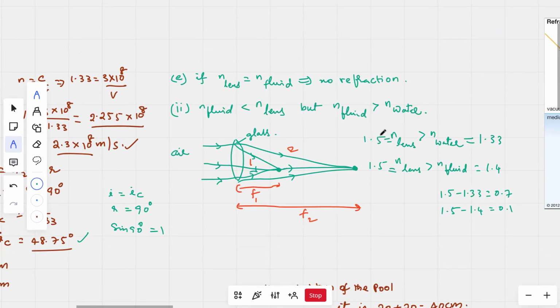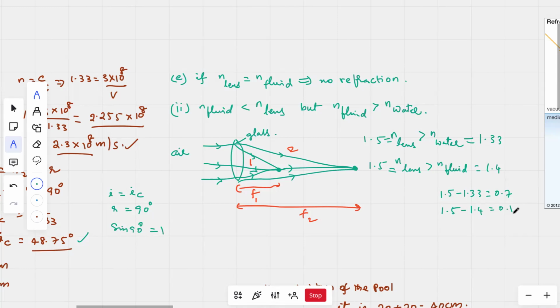To make you understand, I put some numbers. For example, if the refractive index of the material of lens is 1.5 and water he gave as 1.33. Suppose the fluid we take greater than water and less than lens as 1.4, what is the relative refractive index? In the first case it is 0.17 and in the second case it is 0.1.